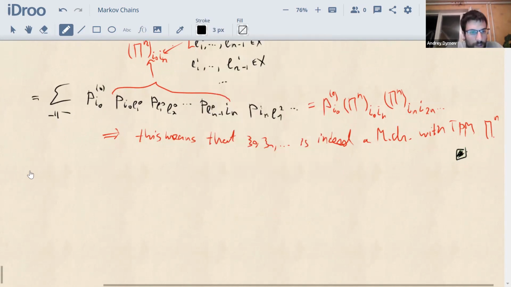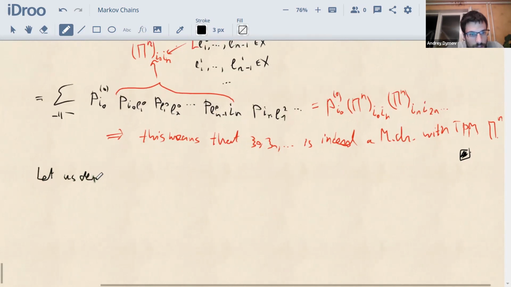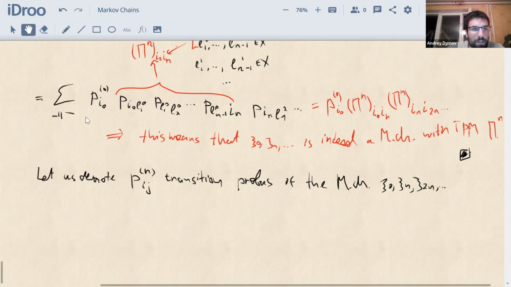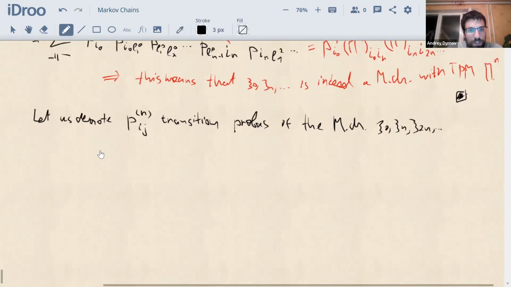So let us denote by P^(n)_ij the transition probabilities of the Markov chain xi 0, xi n, xi 2n, etc., the Markov chain in n steps, which we have just proven is indeed a Markov chain.